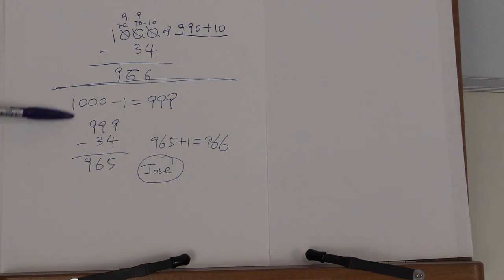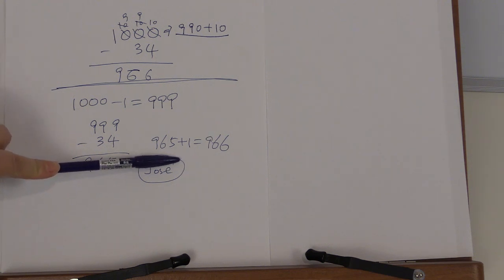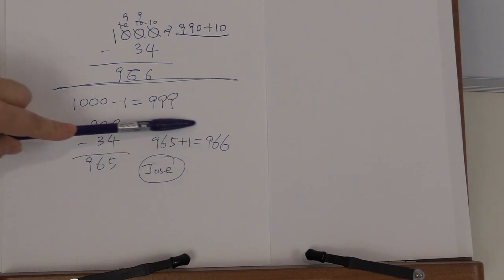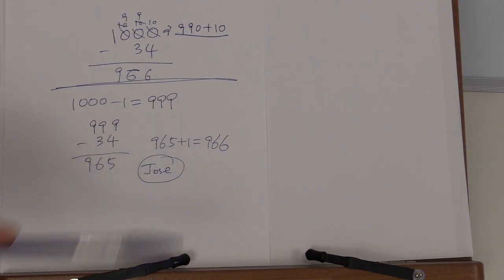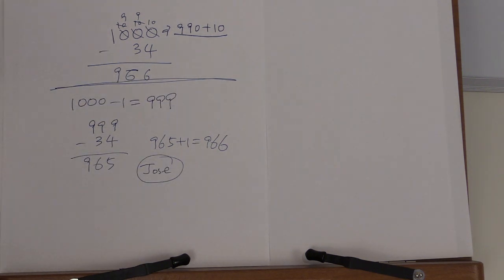So I take away, this is easy, 965. And why do I add 1 up here? Because I changed my number from 1000 to 999, so I know that I have to add 1 back to get 966.